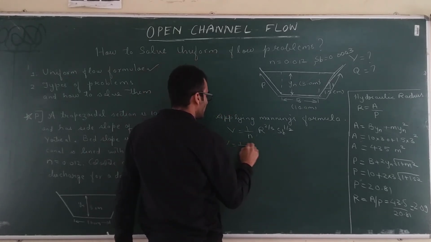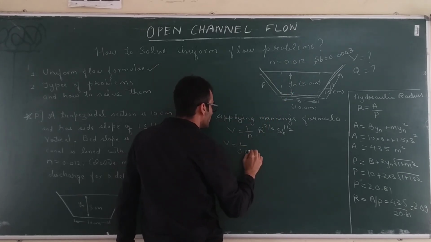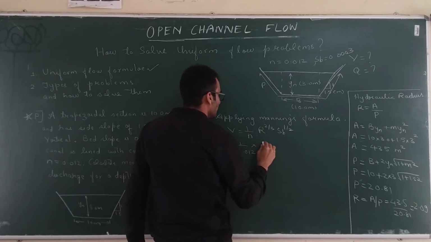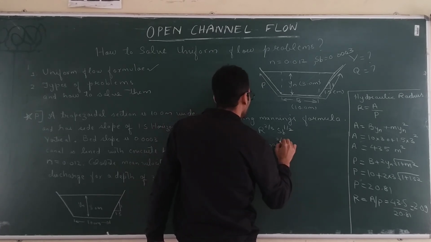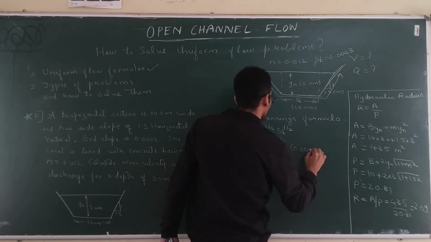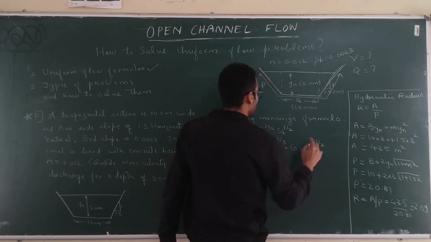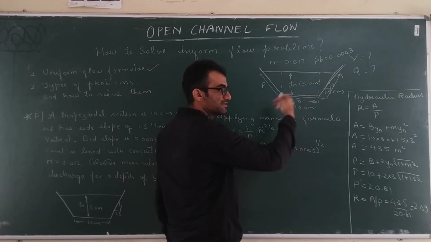Okay, once you know the value of hydraulic radius, you can directly calculate velocity. V is equal to 1 by n, what is the value of n? Manning's constant is 0.012, into R, 2.09, raised to 2 by 3, into S_B, the bed slope, 0.0003 to the power half. Bed slope has no unit, it is unitless, since it is slope, length divided by length.